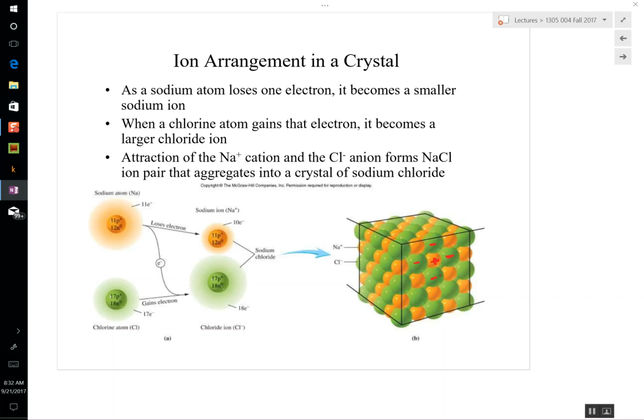As it broke apart, the sodiums would be stuck to the chlorides and the chlorides stuck to the sodiums, and it would break in such a way that you'd have a 1-to-1 ratio. And so we say that the formula for sodium chloride is NaCl. There's a 1-to-1 ratio of sodium to chloride ions.